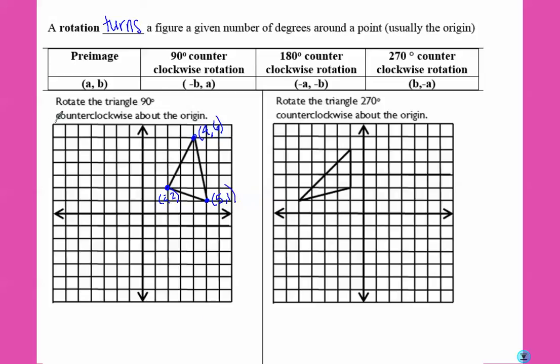We're going 90 degrees counterclockwise. So I'm going to take my coordinates, I'm going to switch them, so 6, 4, and then the first coordinate gets the opposite sign, so negative 6, 4.